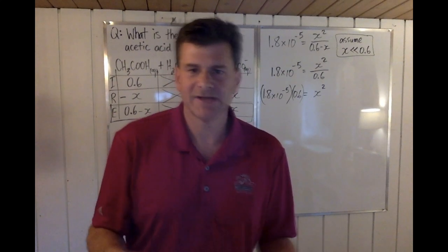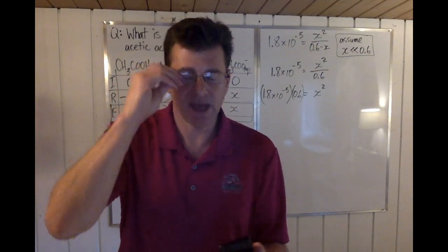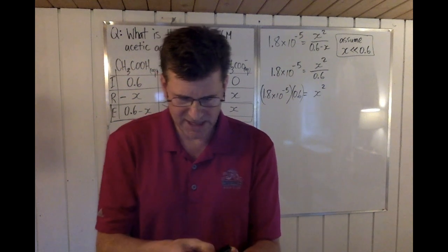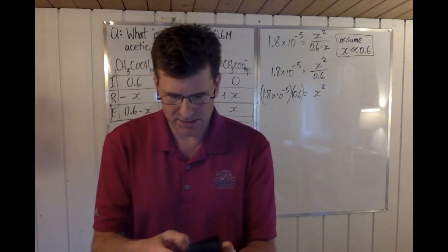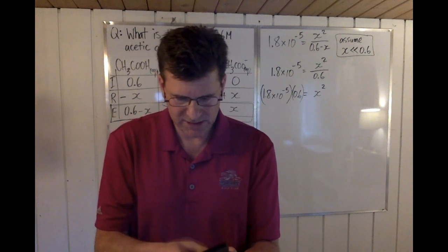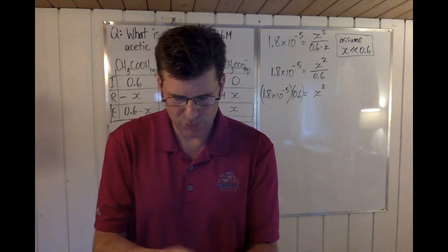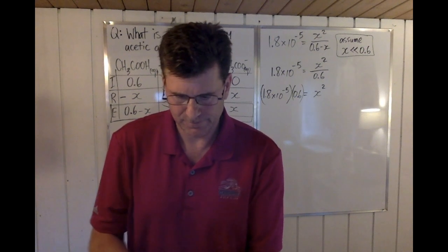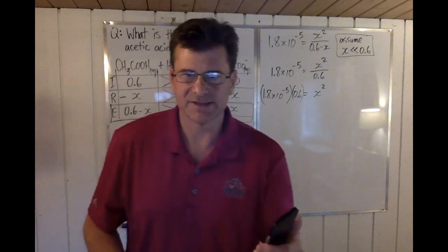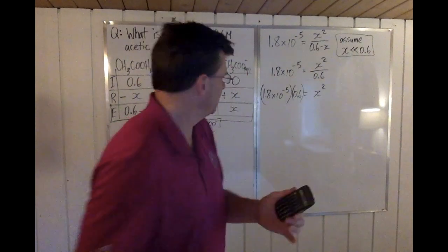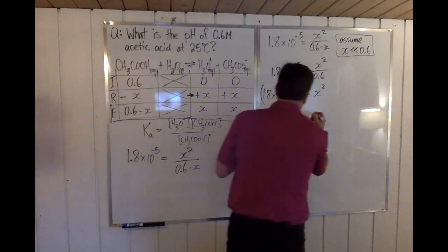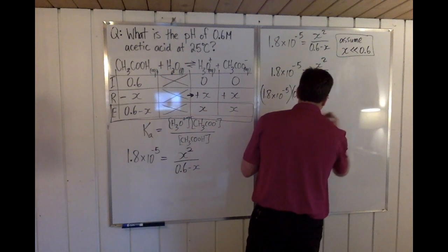So back to this calculation. We've got the Ka of acetic acid, which is 1.8 times 10 to the negative 5 times 0.6. Okay, so it's sitting there on my calculator. I'll write it down.